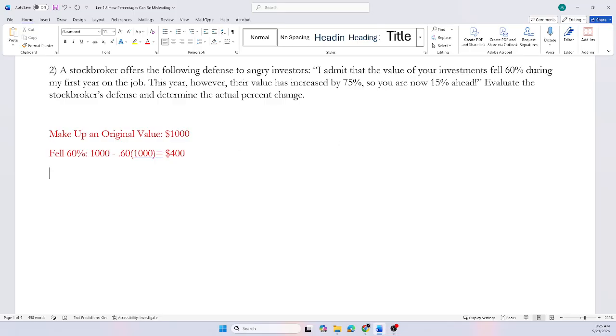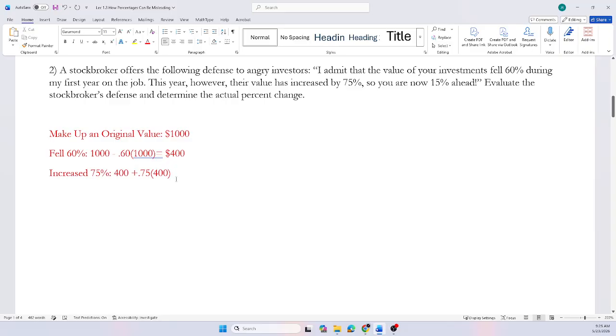But then what the stockbroker is saying is, okay, it went down 60%, but then it increased by 75%. Well, that means our $400 then went up by 75%, which is 0.75. The problem is, at the time of that 75% increase, our value is down from where we started.